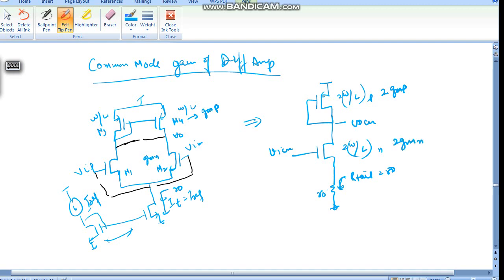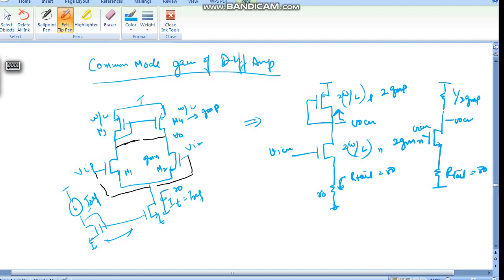Now in this case, if we see resistance, this resistance will be 1 by 2 GMP, and this is VOCM, and here the resistance, say R tail, equals RO.